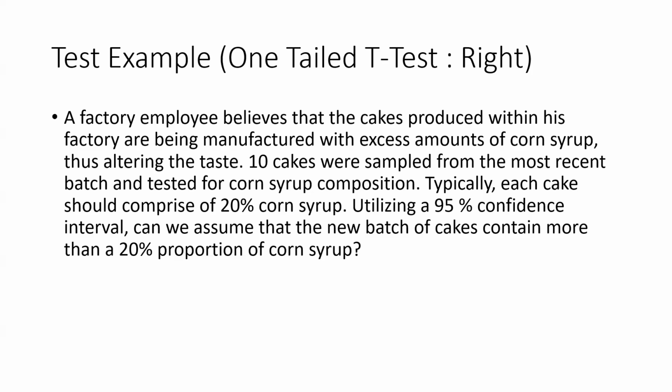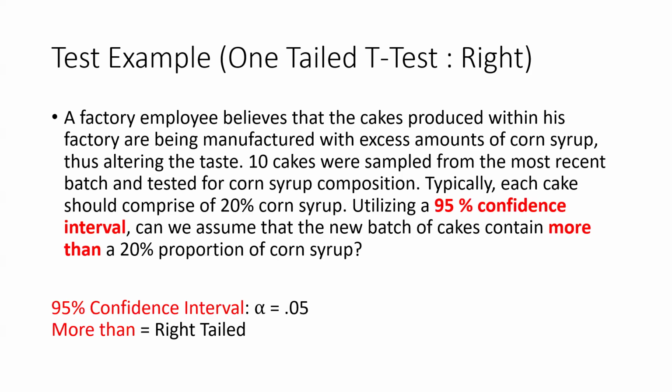So I'm going to show you what the key terms and phrases are in this word problem example that you need to be aware of as you go through these steps in your own research. So we see 95% confidence interval. As you recall, 1 minus the confidence interval as a decimal is the corresponding alpha value.